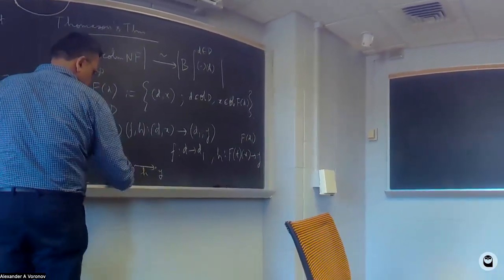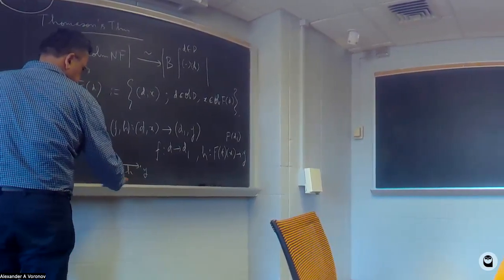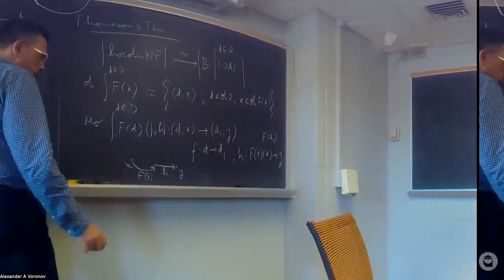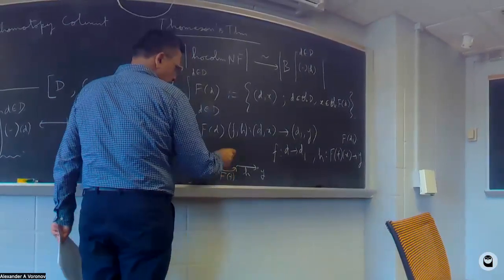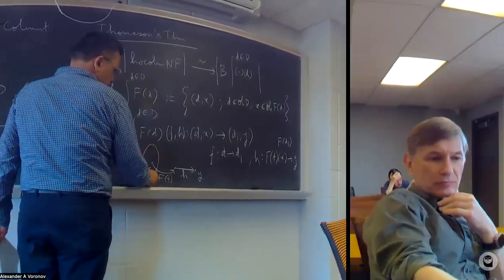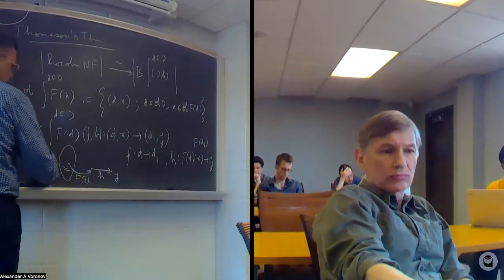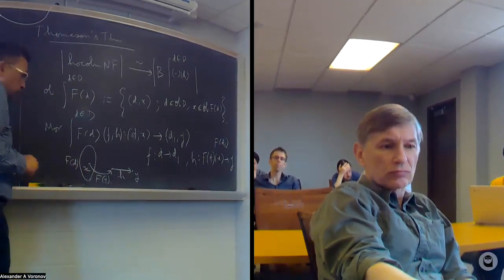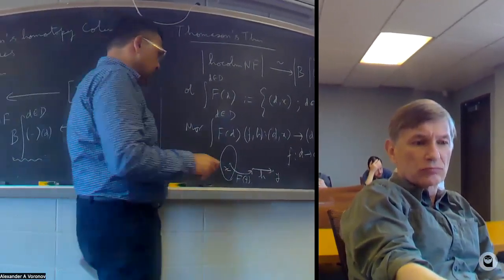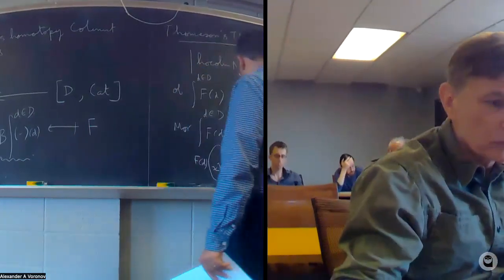This goes here in F(B'), and I can think of this circle as a space or the category F of B. And we can draw another circle here.